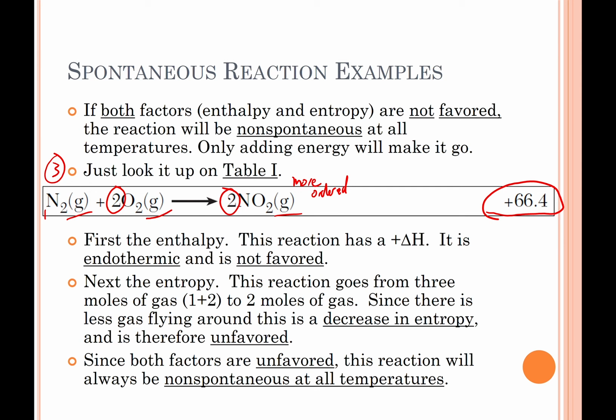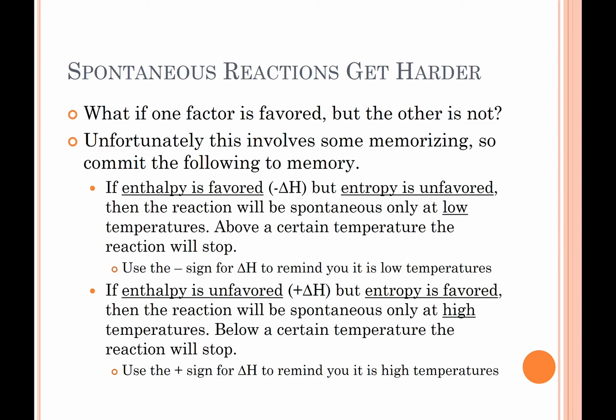So since both of these factors, the enthalpy being a positive delta H and the entropy getting more ordered, are unfavored, this reaction is going to be non-spontaneous at all temperatures. So that's with both factors being unfavored.